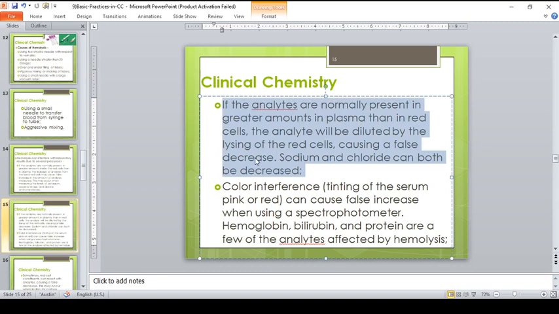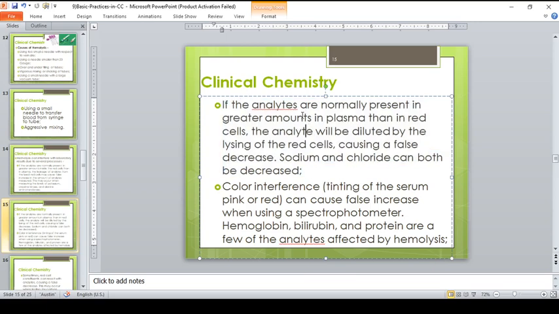There are also analytes which decrease in value because of hemolysis due to dilution. Take note, inside the red blood cell, meron ding fluid yan. So, kapag nag-hemolysis, anong nangyayari sa plasma? Nagkakaroon din ng dilution.